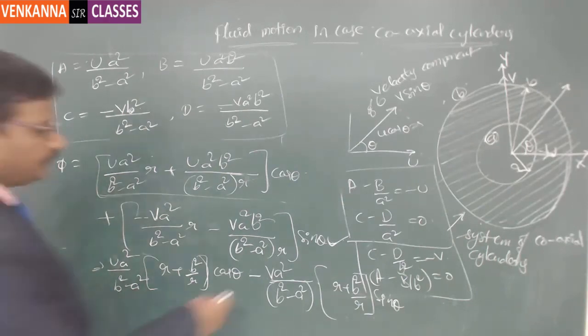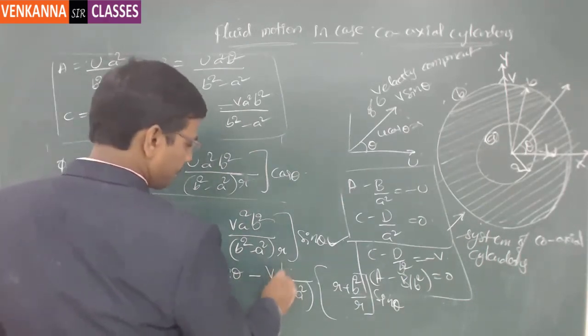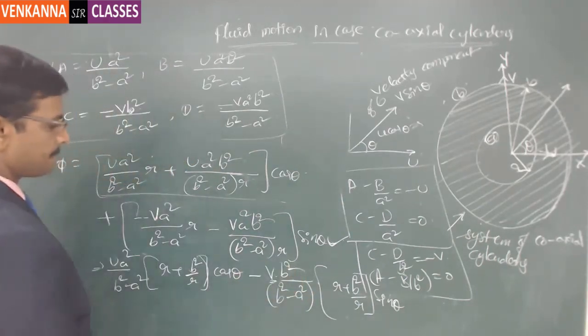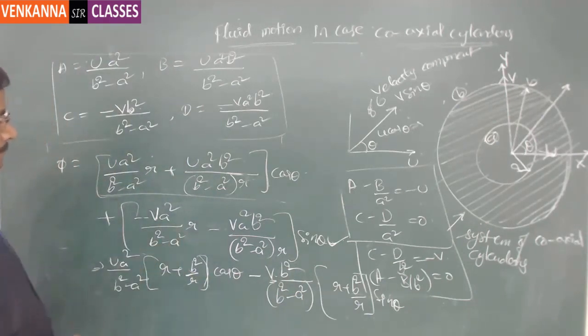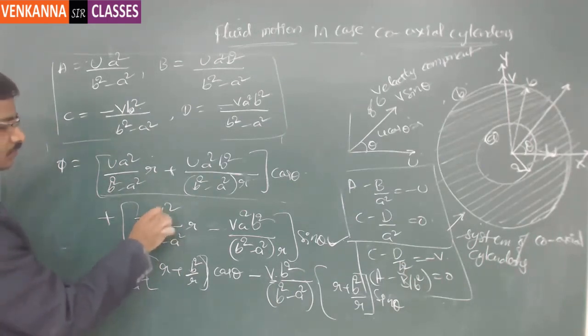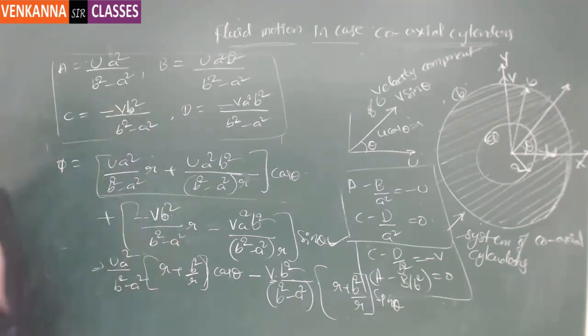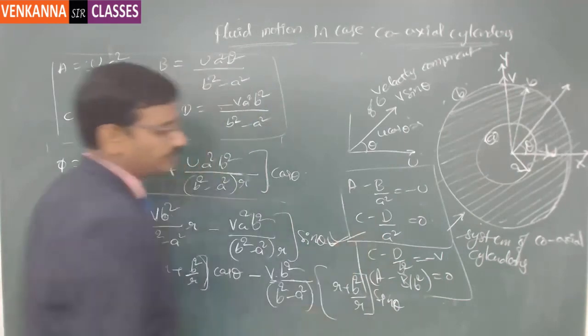So if you take out b square from here, then you are not getting it, right? Yeah, I think it should be b square only. As per the textbook, it is b square only. Maybe we have to solve this and then verify this.